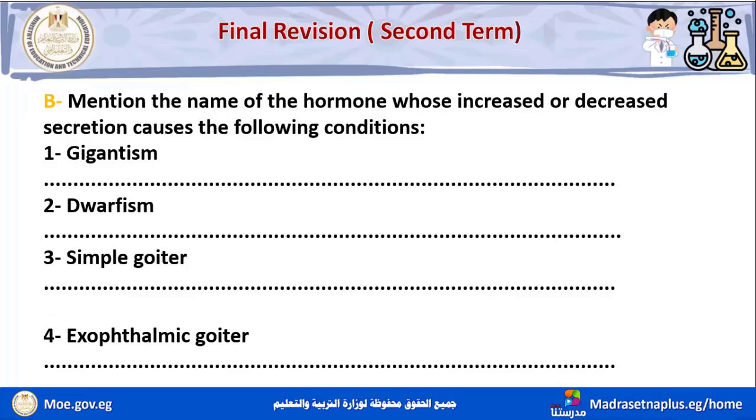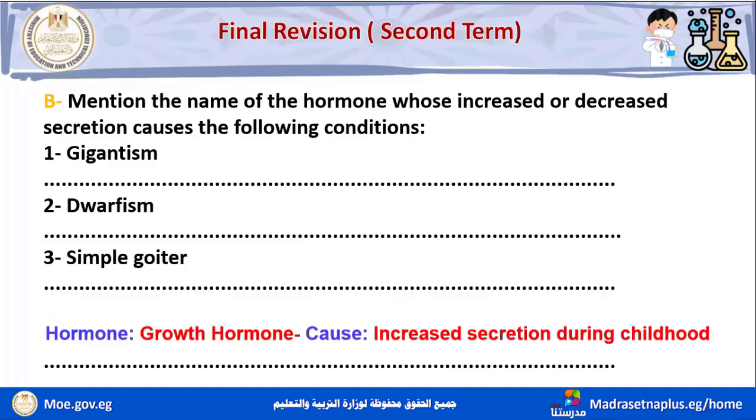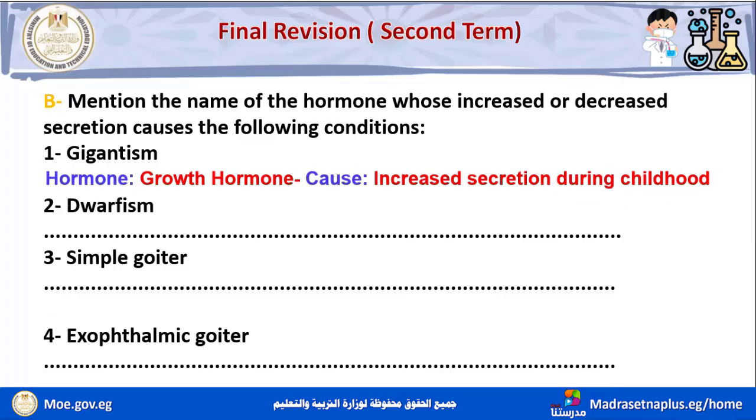Letter B, mention the name of the hormone whose increased or decreased secretion causes the following conditions. Number 1, gigantism. The hormone here is growth hormone, caused by increased secretion during childhood.